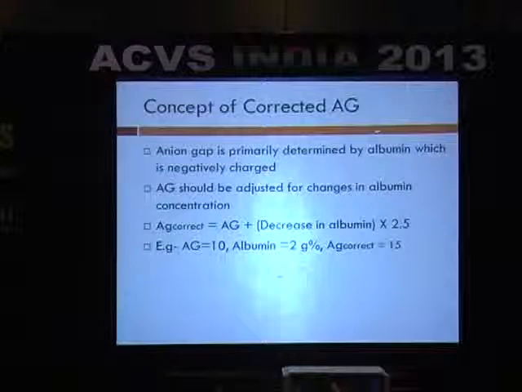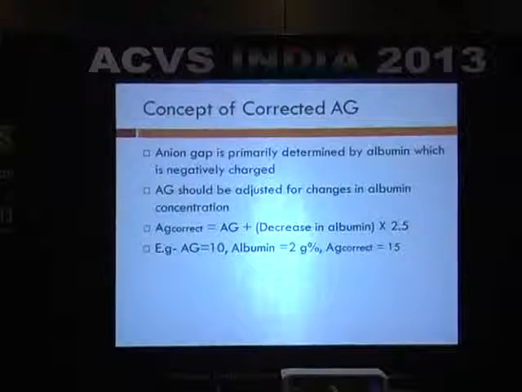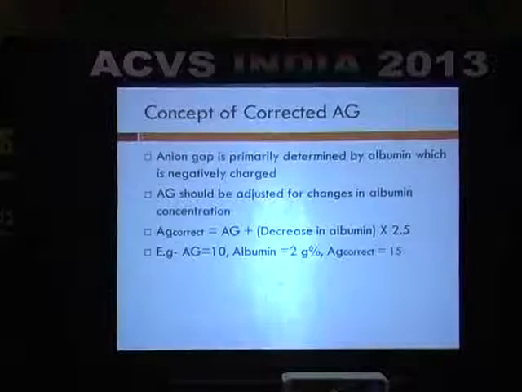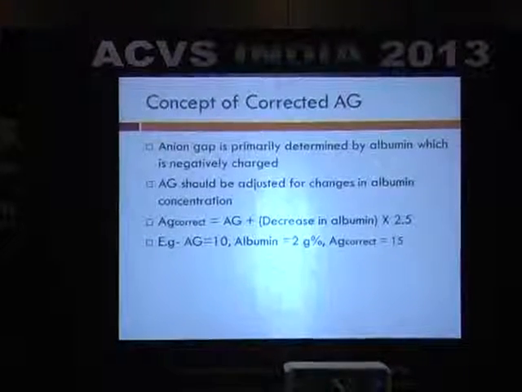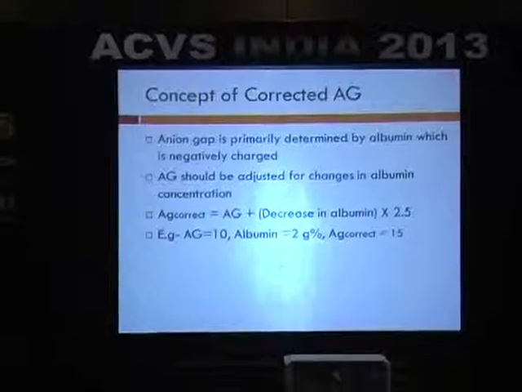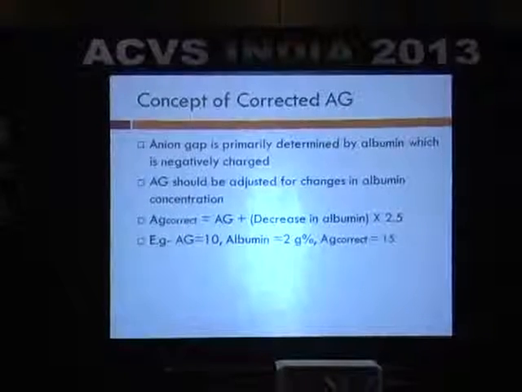So we should understand the concept of corrected anion gap. It indicates that with every 1 gram decrease in the albumin, the anion gap should be increased by 2.5, because hypoalbuminemia falsely leads to a low anion gap. So for every 1 gram decrease in albumin, we have to increase the anion gap by 2.5.